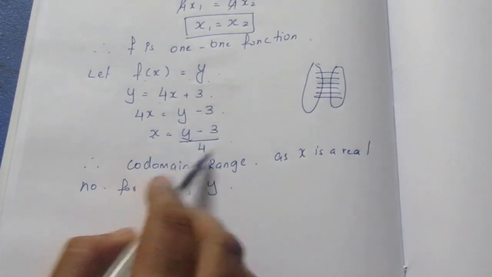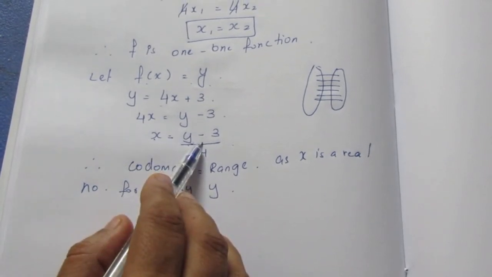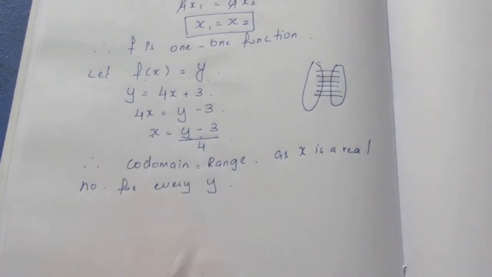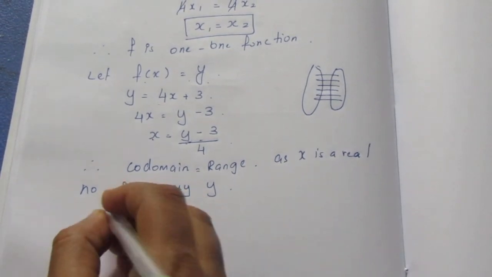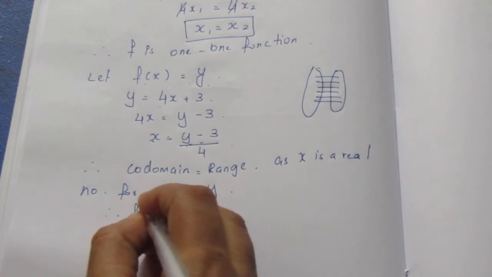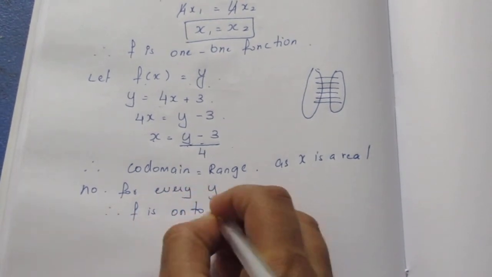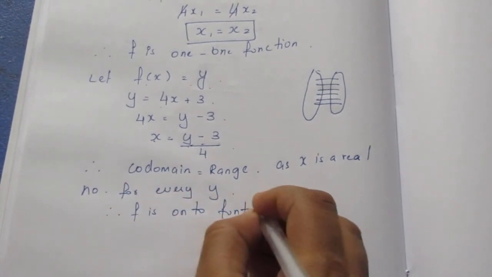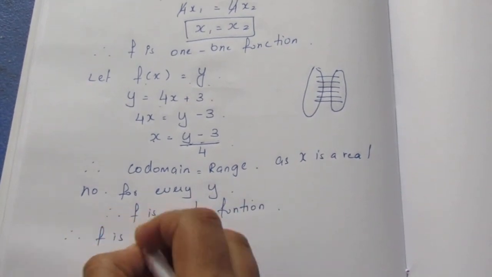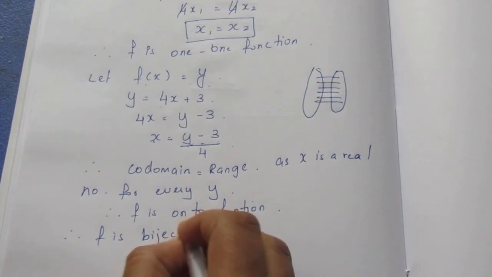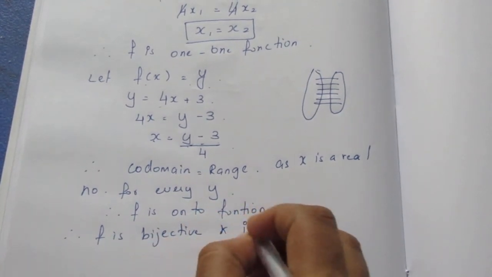If you substitute every real number, you will get a value for every value of y. Therefore f is an onto function. So now it is bijective. We have found f is bijective. If it is bijective, it is invertible.